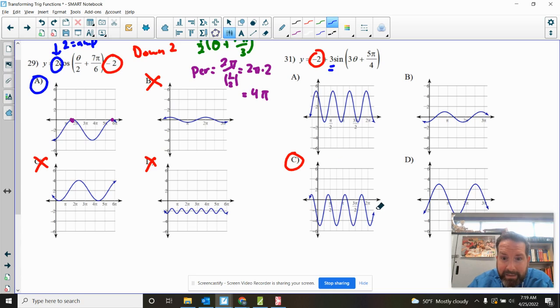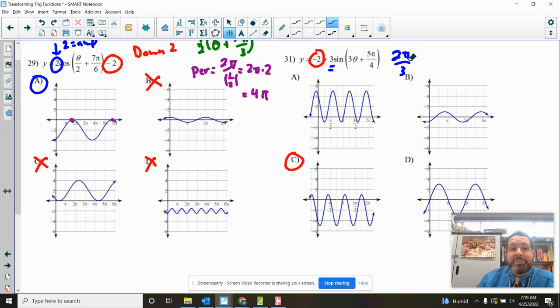So from the midline, do we go up 3? Yes. Remember, each box is counting by 2s. So I want to go up a box and a half from the midline and down a box and a half from the midline, which we do. And the period should be 2 pi divided by the absolute value of 3. So 2 pi over 3. That's tougher to check because here again, we're counting by pi over 2s.